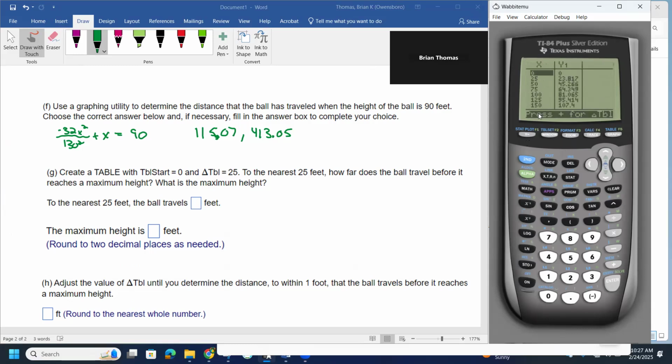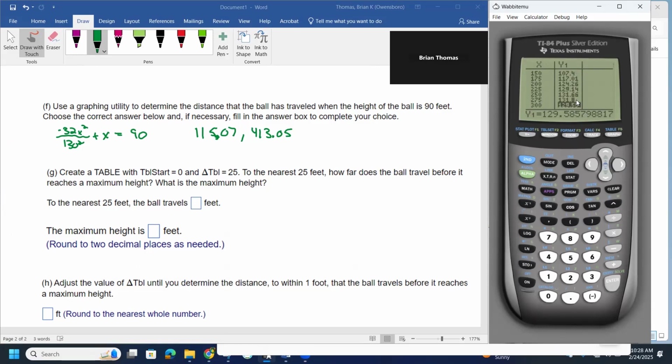And this is our horizontal distance, and this is our vertical distance. But what we're looking for is where our y is at its maximum height. So it looks like at 275 feet, it's at a maximum height.